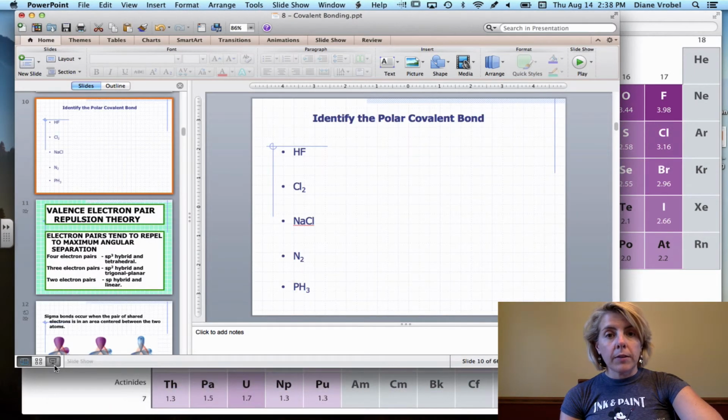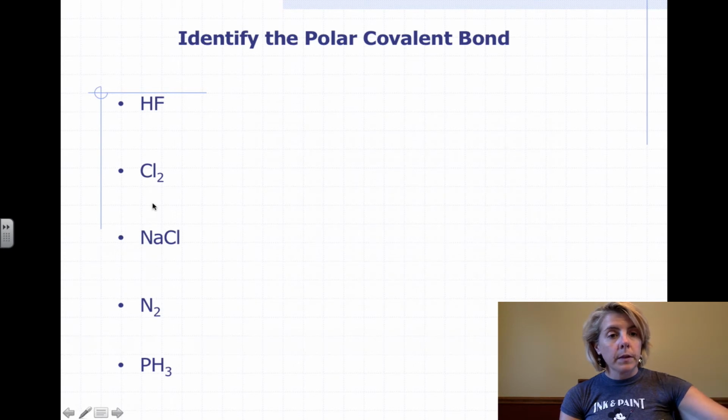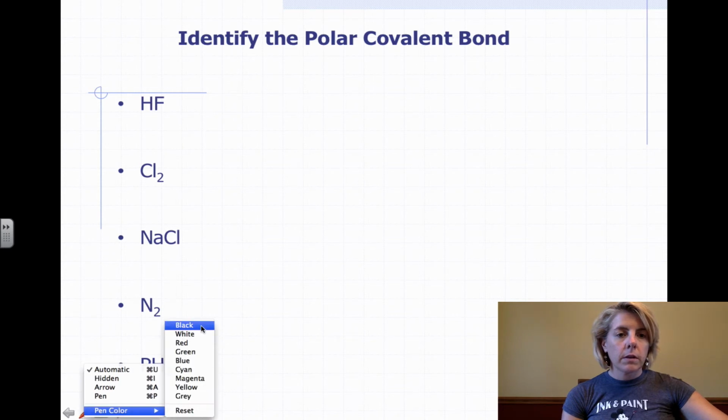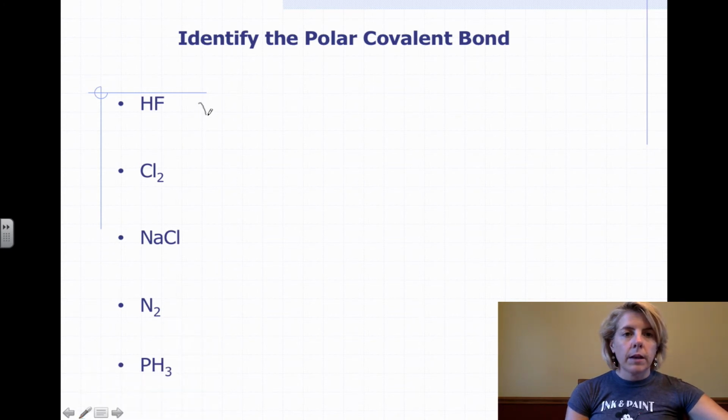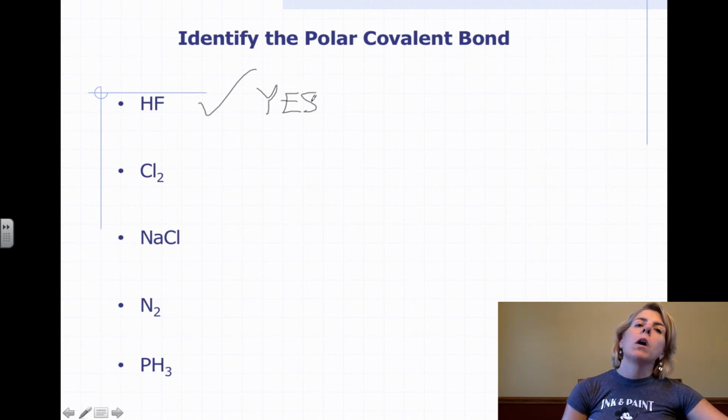So looking at this problem, is this a polar covalent bond? I would say yes. Okay, and that's because H's electronegativity is lower than fluorine. So there's enough of a difference between the two.